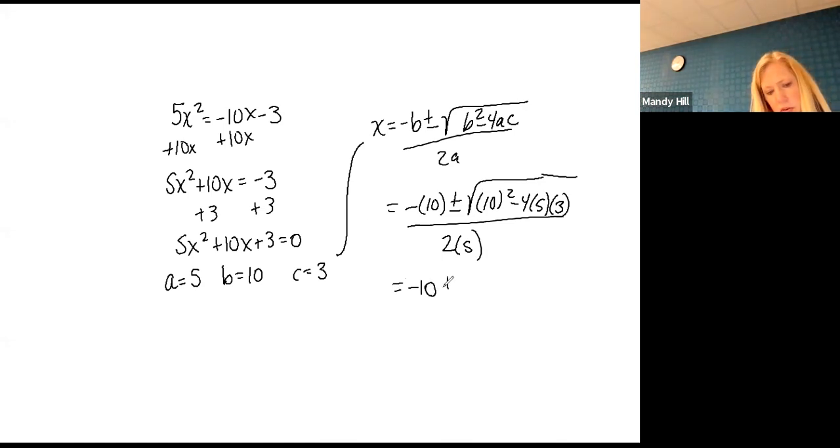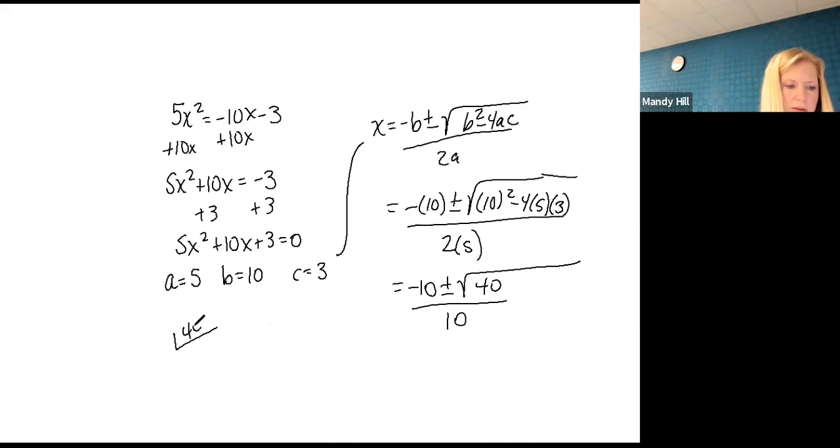So we want to start chiseling away at this thing. The calculator can handle the 10 squared minus 4 times 5 times 3, which is 40 over 10.